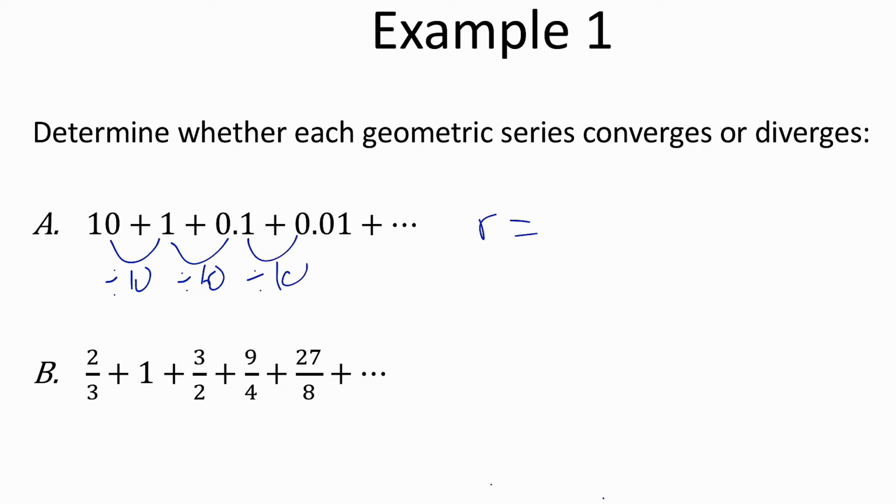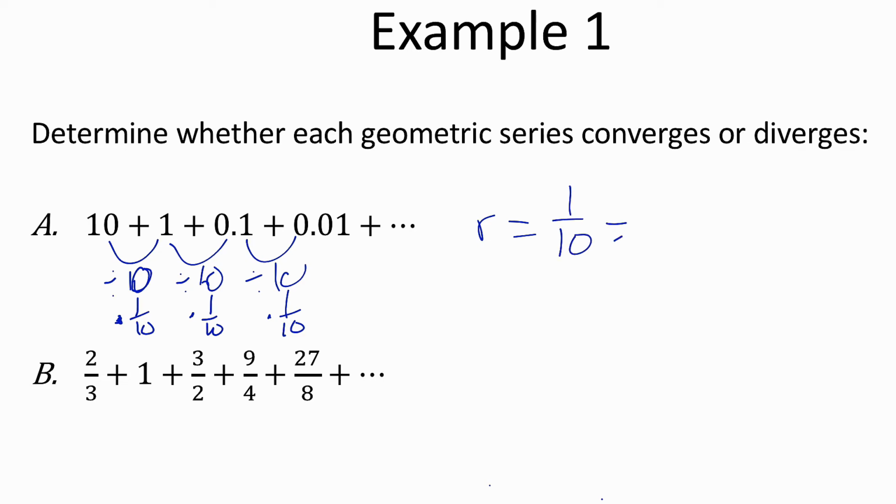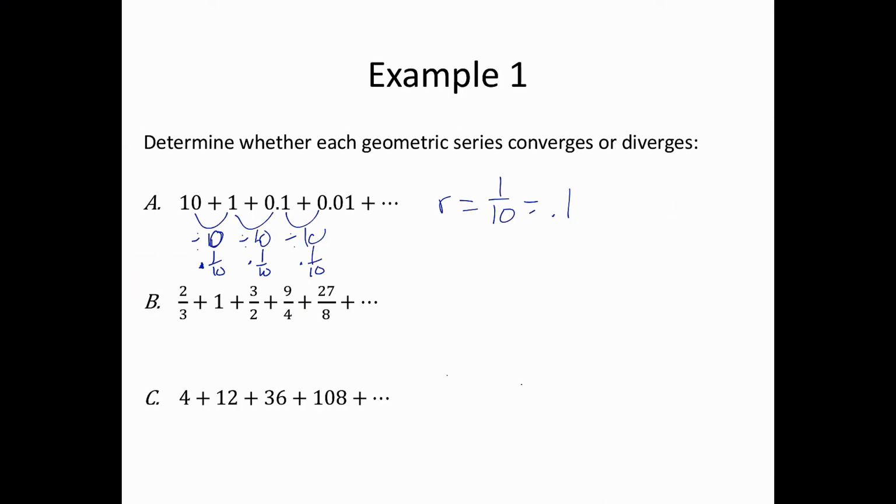But remember, when we're describing our ratios, we're talking about what we're multiplying by. Dividing by 10 is the same thing as multiplying by 1/10. So we always want to put it in terms of what we're multiplying by. So R equals 1/10. If it helps you to think about it as a decimal, it's 0.1. And that is between 0 and 1, so we're going to say it converges.